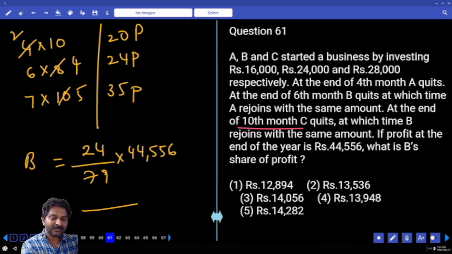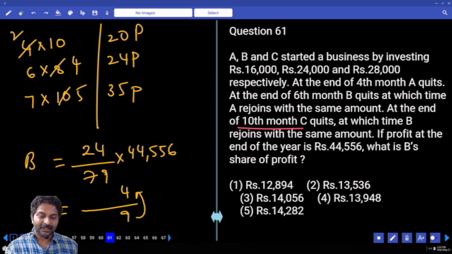Numerator ends with, denominator ends with. 9 into which number ends with 4? That means you know that the answer ends with 6, right?